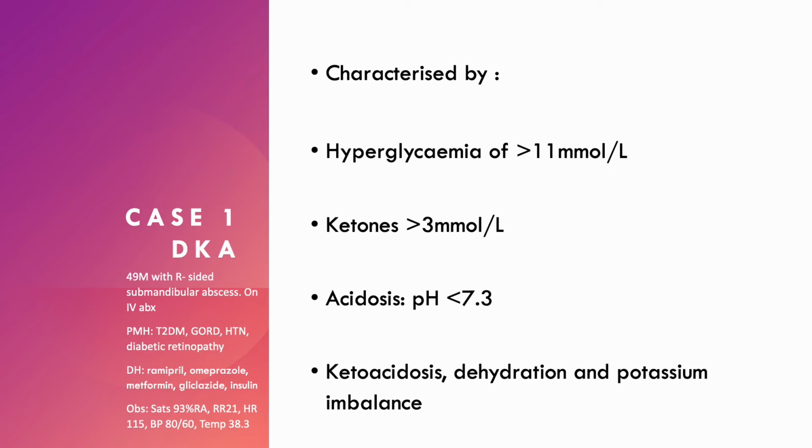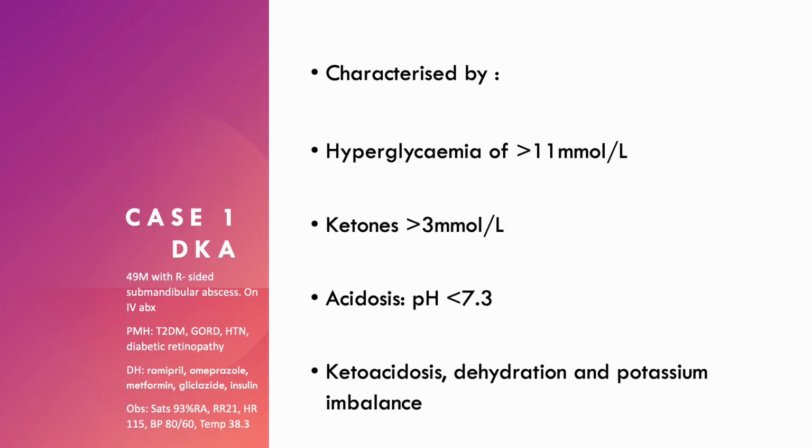Potassium imbalance. What happens with the potassium imbalance is that insulin normally drives potassium into cells. So without insulin, potassium isn't stored in cells. So it means you have a high potassium in the blood and the kidneys start to filter it out to try and get rid of this excess potassium. As a result, you get more potassium moving from the cells back into the blood to try and maintain the blood level.